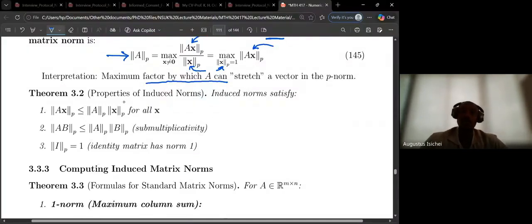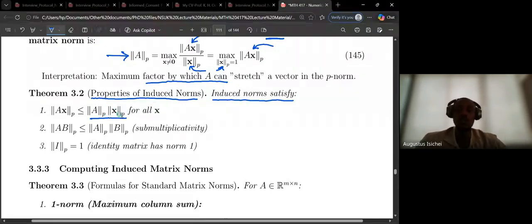This theorem helps us look at some properties of induced norms. Please write: induced norms satisfy 1.